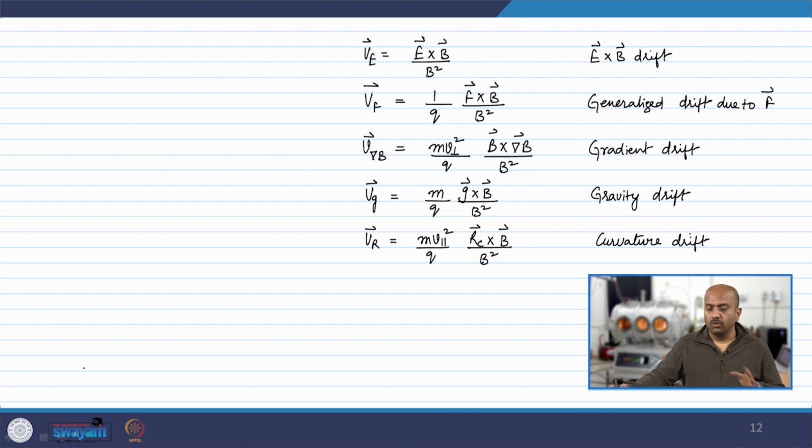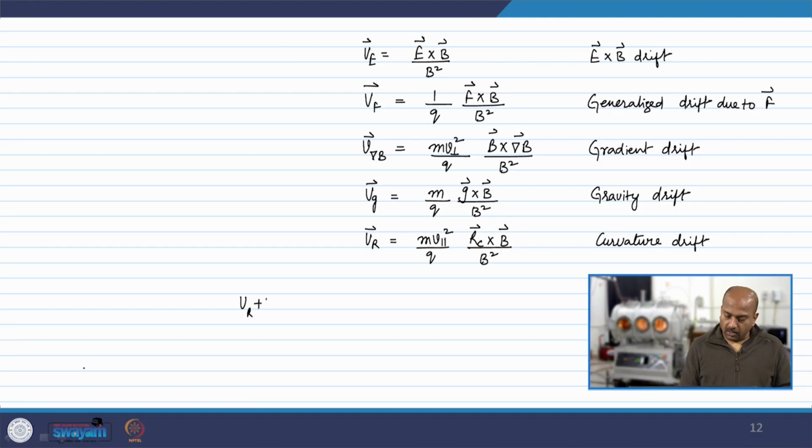We discussed how the E cross B drift will develop and how we can generalize the expression for generalized force. Then we put some inhomogeneity in space onto the magnetic field, and then we put some curvature which comes together actually into the magnetic field, and then we learned a mechanism by which we can combine these two expressions of gradient and curvature drifts, and we write in a simple expression which is called as the vacuum drifts.